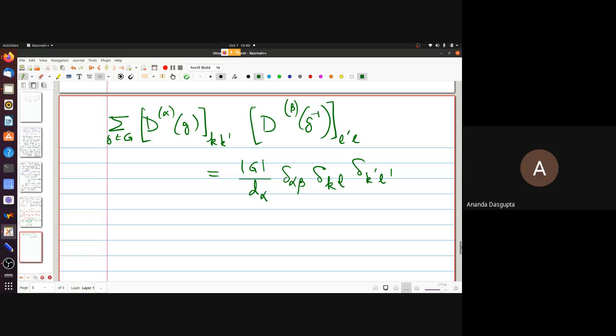Remember, k takes any one of the d alpha values, k prime takes any one of the d alpha values, L prime and L each take any one of the d beta values, and there is no sum over any of k, k prime, L prime. Each one of them is a free index, right? So this is a huge number of restrictions which you are imposing on irreps.